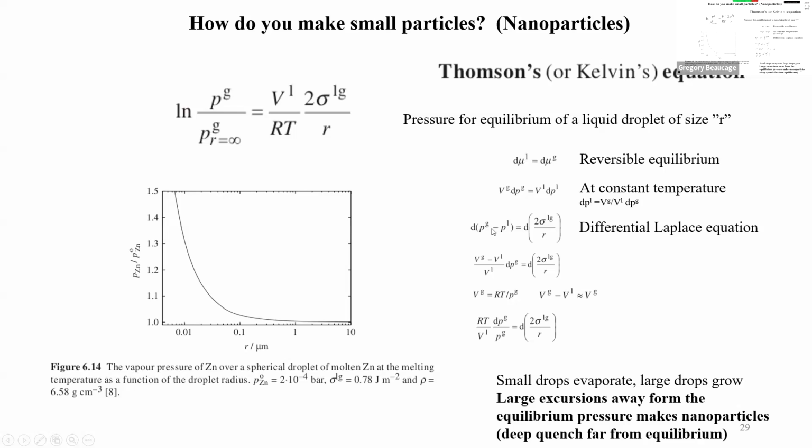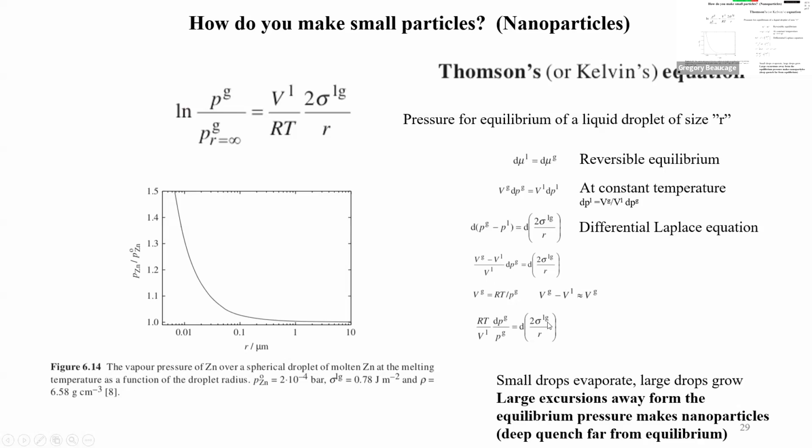You can do a substitution here and end up with this equation: dP of the gas over dP of the liquid is V of the liquid over V of the gas. So you can say dP of the gas times that is the same as that, by substituting in the equilibrium condition. And then this side is the differential of the Laplace.